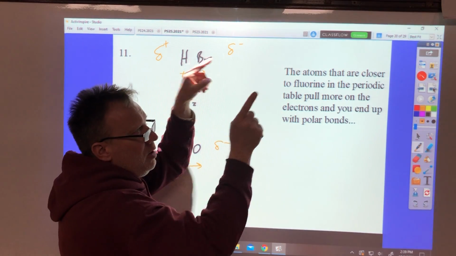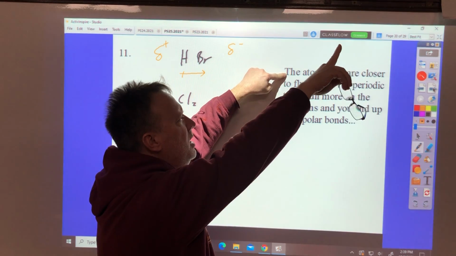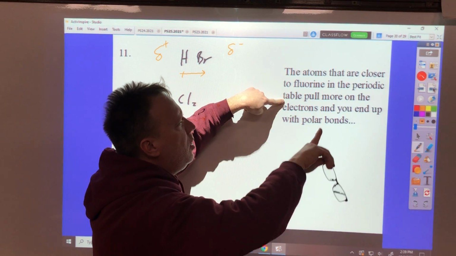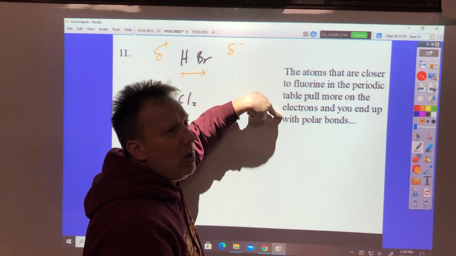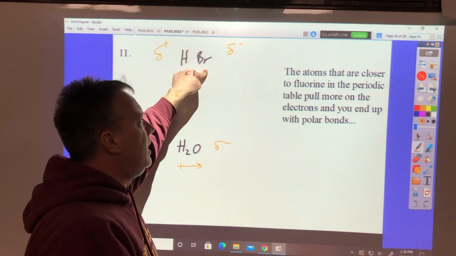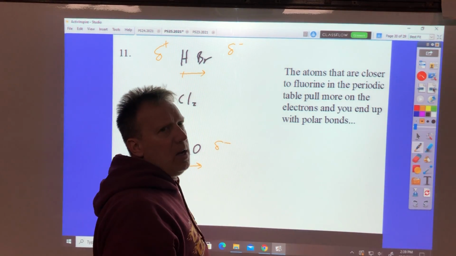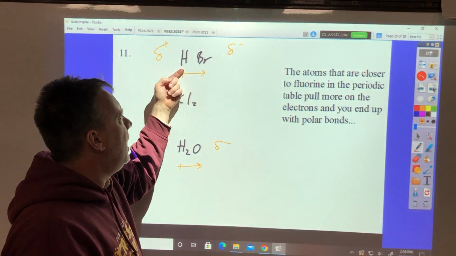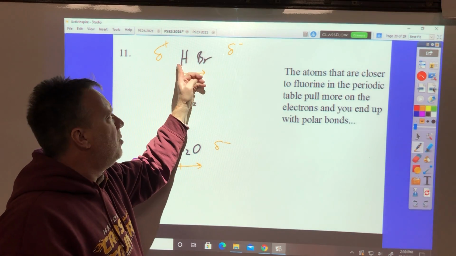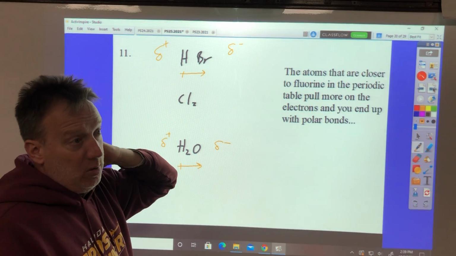But the atoms that are closer to fluorine in the periodic table pull more on the electrons and you end up with polar bonds. Bromine is a couple positions below fluorine. It's going to pull on the electrons more strongly than hydrogen is. So the electrons are going to hang out down here. That's going to make this side negative and this side positive, and that's going to be polar.